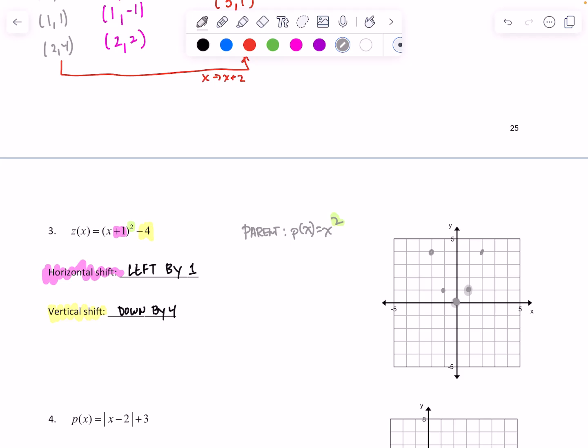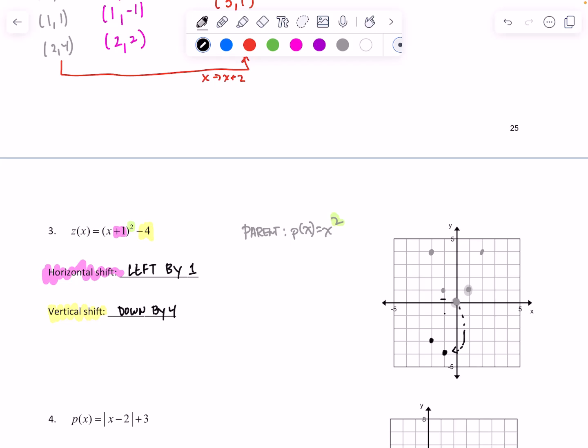And so what I'm going to do now is move each of these according to the shifts that I've got here. So I'm going to take 1, 1, and move it left 1, and then down 4. So that point moved right down there. And then I'm going to do that same thing for each point. So the point negative 1, 1 is going to go left 1 and down 4, right there.